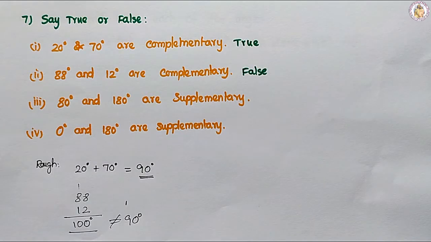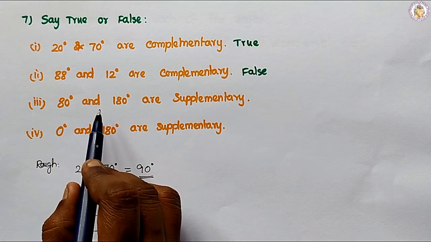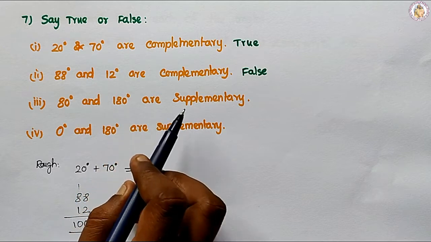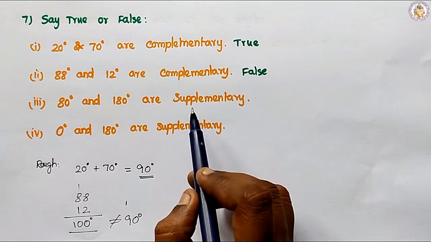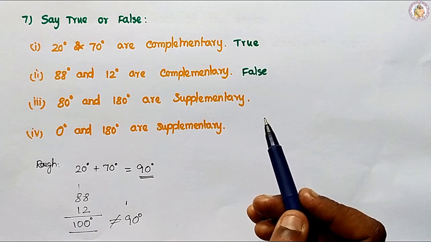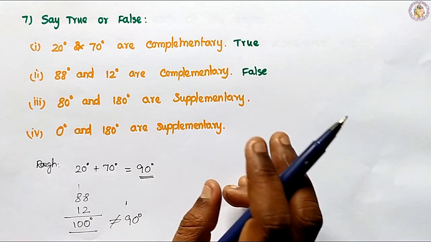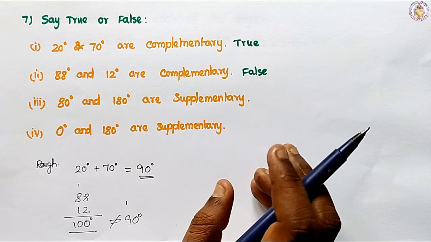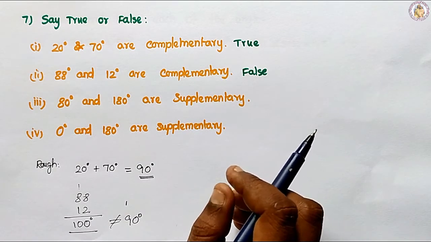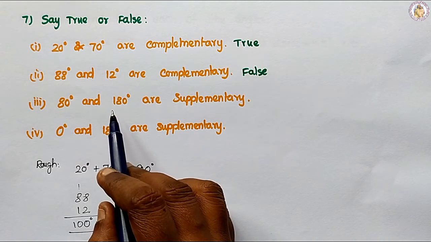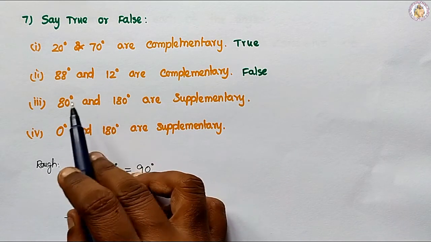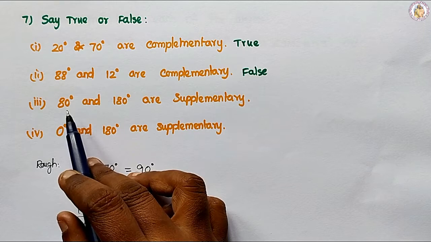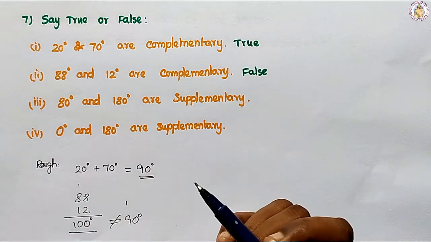Next one, 80 degree and 180 degree are supplementary. Listen here. Supplementary means what? If two angles added means it comes 180. That is supplementary angle. But here one angle is also 180 degree, and then add with means it gives 260.